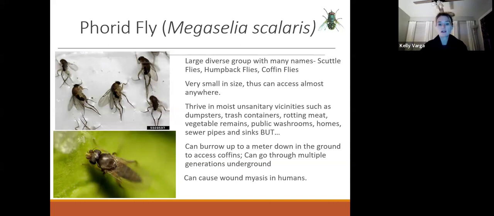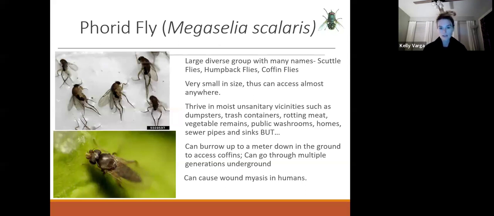They can find a lot of different things, but one of the unique characteristics is that they can burrow in the ground up to 1 meter deep to access coffins. Because they're so tiny, they can slip into the cracks of coffins, hence their name, and they will go through multiple generations underground.